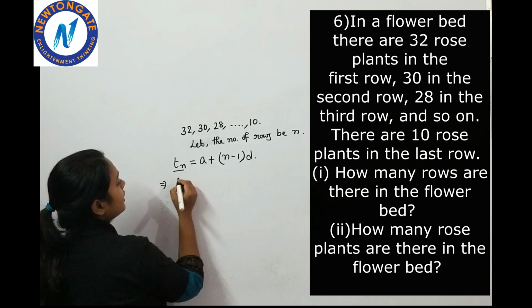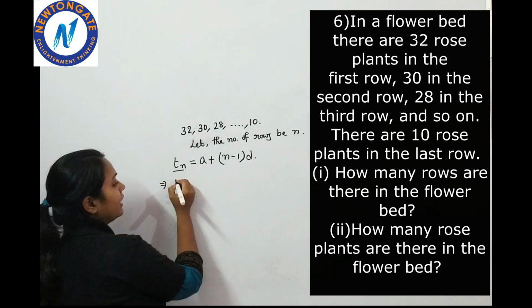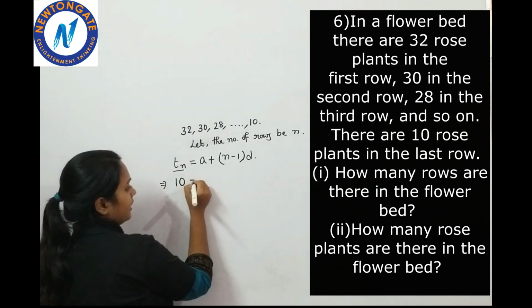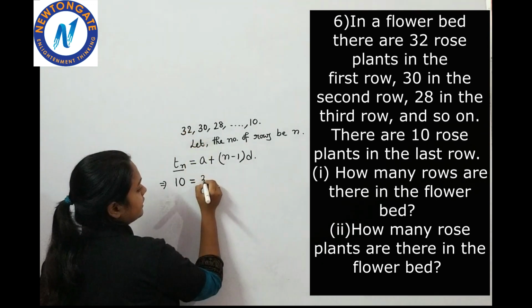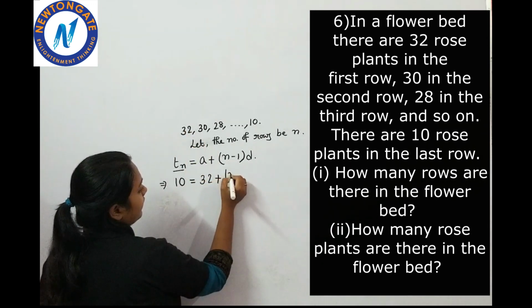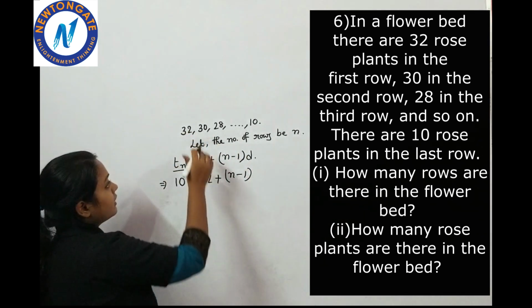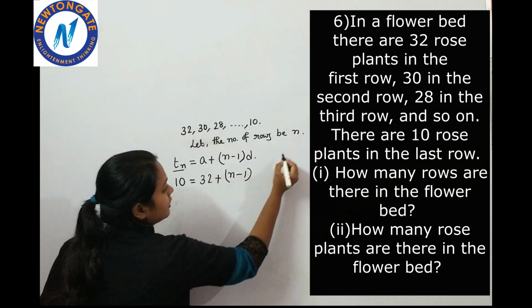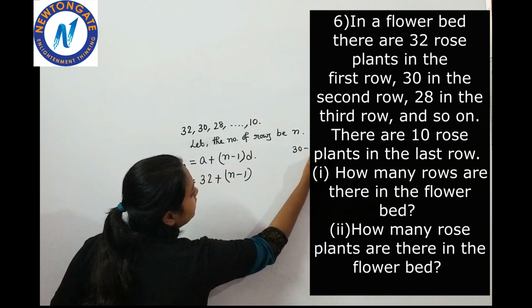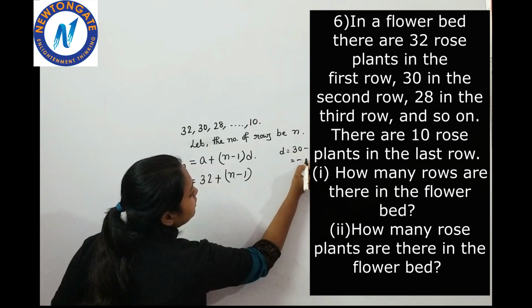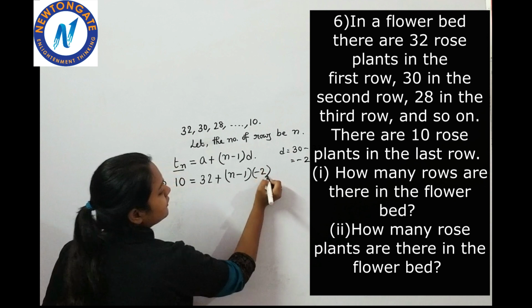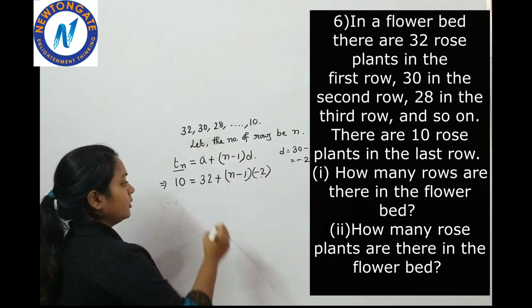Then we put the values: Tn is 10, a is 32, and d is 30 minus 32, which equals minus 2. Then we put the value of d as minus 2.